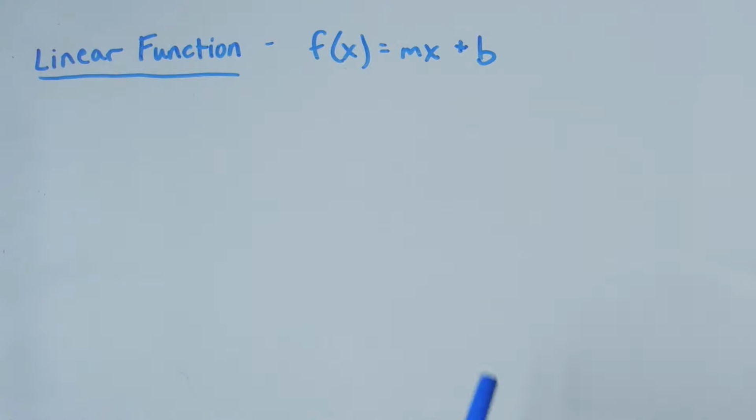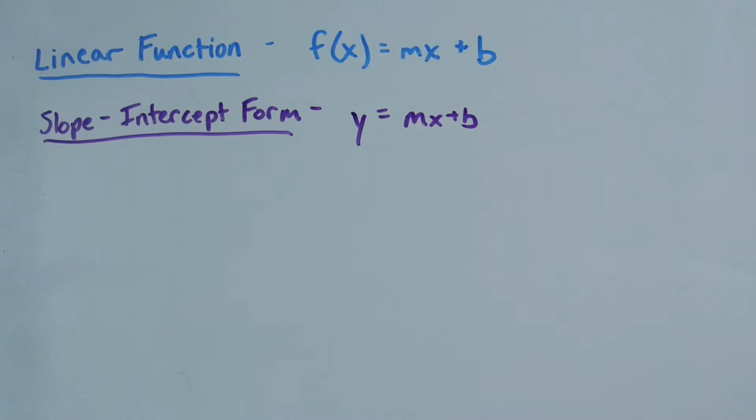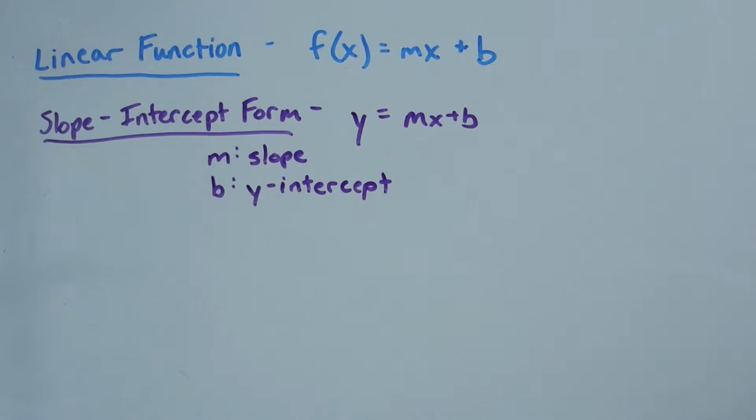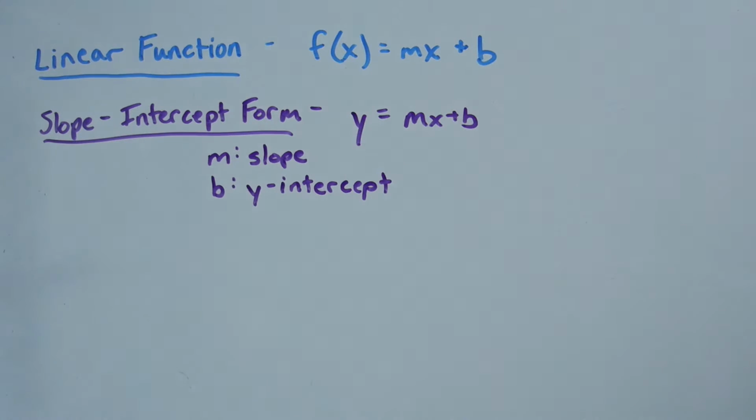And you might recognize this as slope-intercept form. If you remember from Algebra 1, slope-intercept form is y equals mx plus b, where m is the slope of the line and b is the y-intercept.